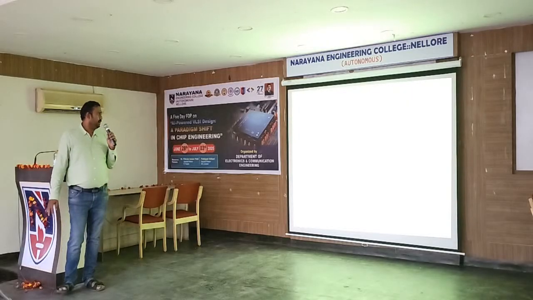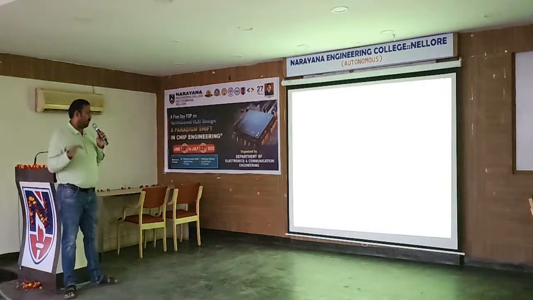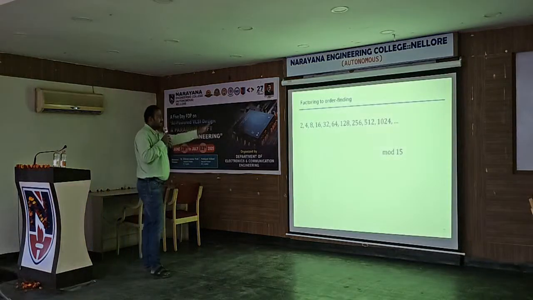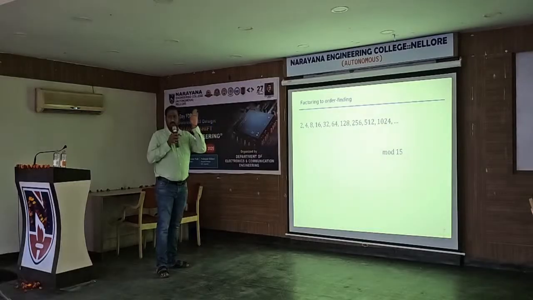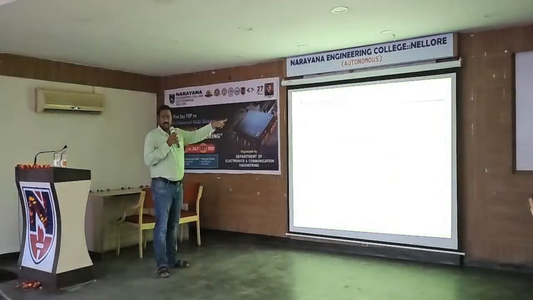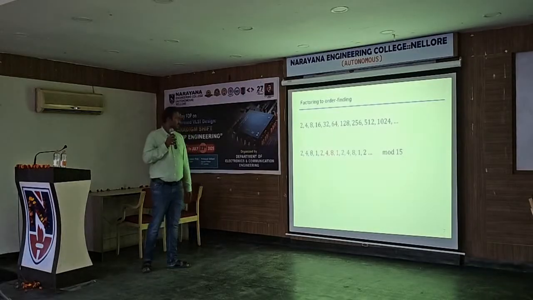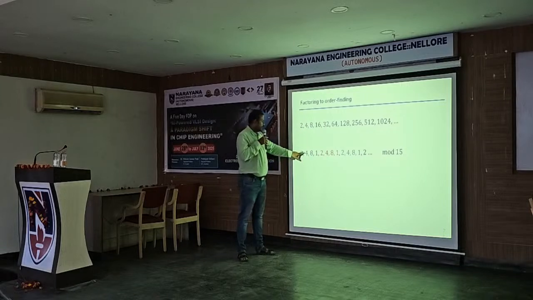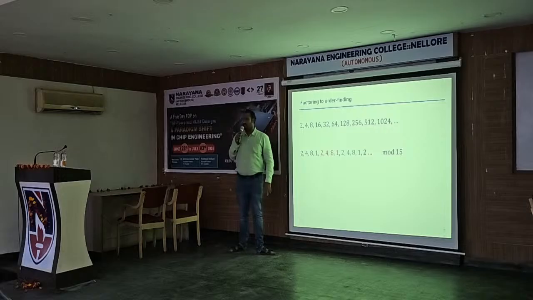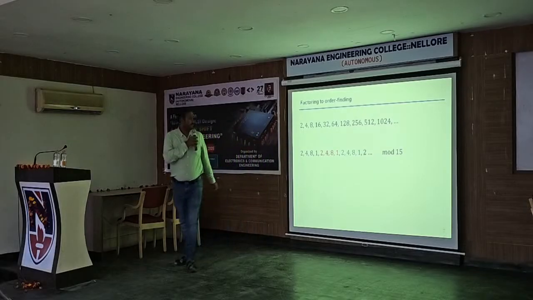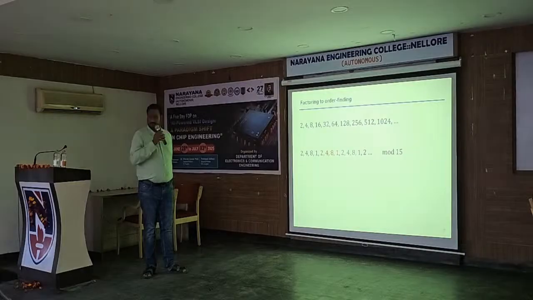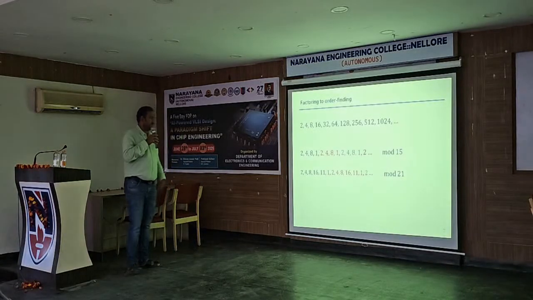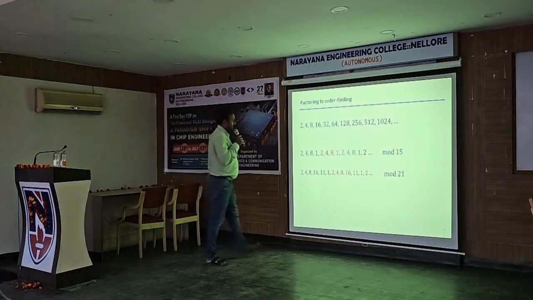But I will only give the basic idea of what he found. Cryptography is based on modular arithmetic. You take a sequence of numbers, 2 power 1, 2 power 2, like this. When you take 2 power n mod 50, you get 2, 4, 8, and so on. After that you can see the sequence repeating. Similarly, you take mod 21 with 2 power something, and again the sequence will repeat.